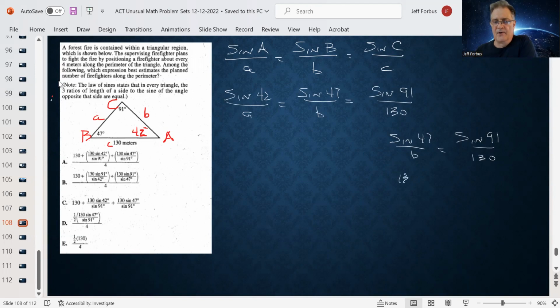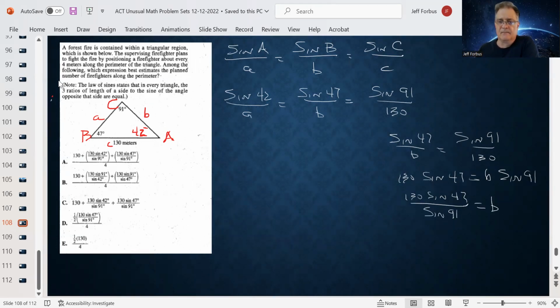So 130 times the sine of 47 is equal to B times the sine of 91. We're going to divide by the sine of 91, so we're going to have 130 sine of 47 divided by sine of 91. All right, that's side length B.